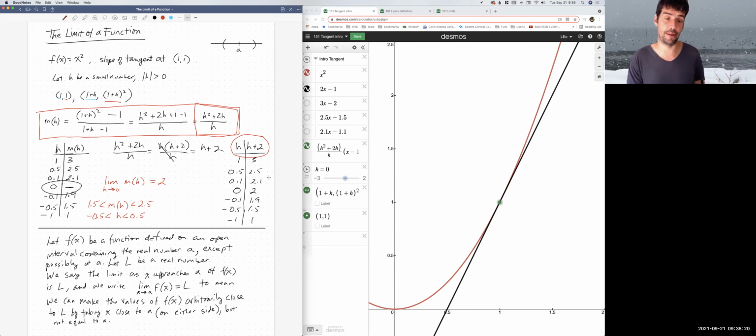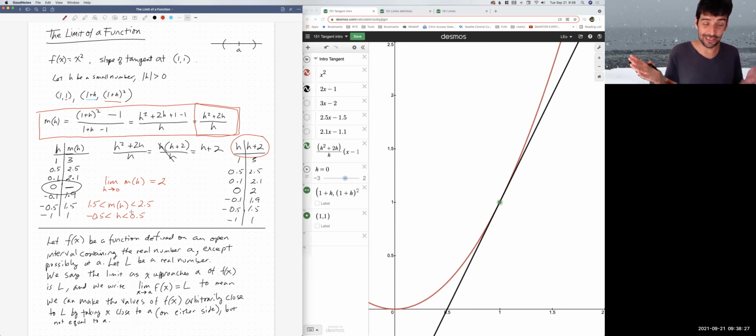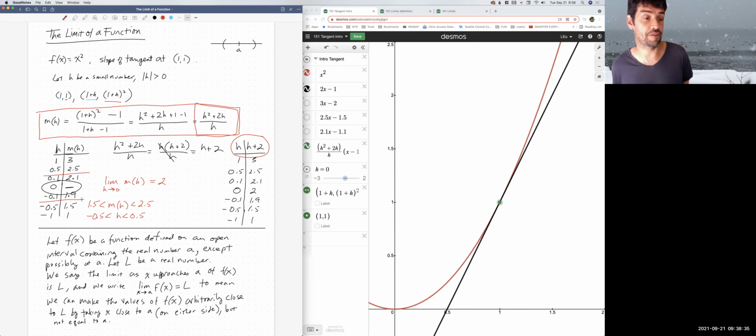It doesn't care about what happens there. And so it's easy enough to see that if I want to make m of h between 2.5 and 1.5, as long as I pin h between 0.5 and negative 0.5, like 0.1 and negative 0.1, right? Those are closer to 2 than half a unit.